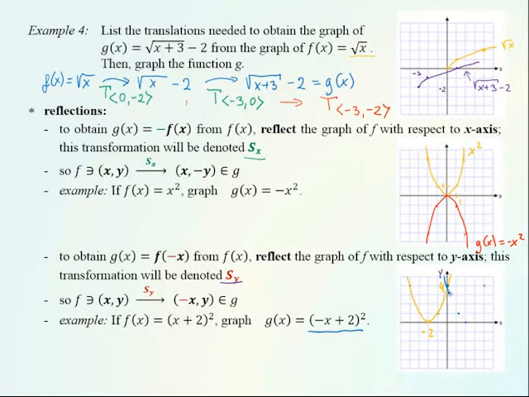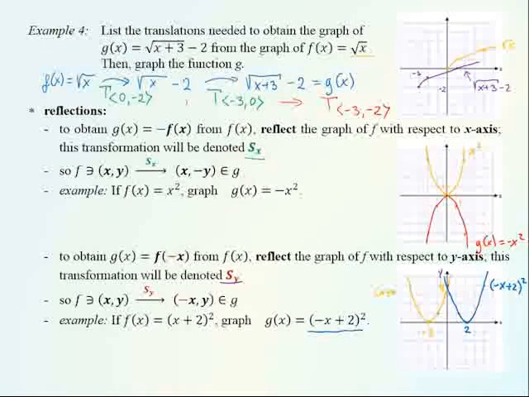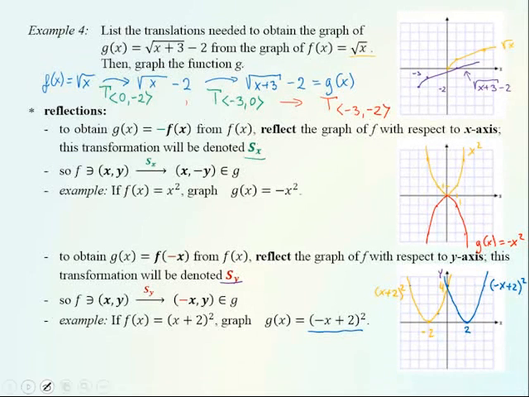So now we connect all these points, and the parabola has a vertex (2, 0) and looks like this. This is the graph of (negative x plus 2) squared, while the original one was (x plus 2) squared.